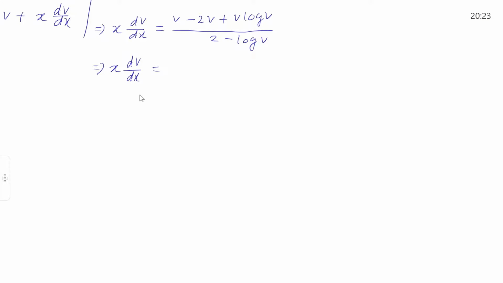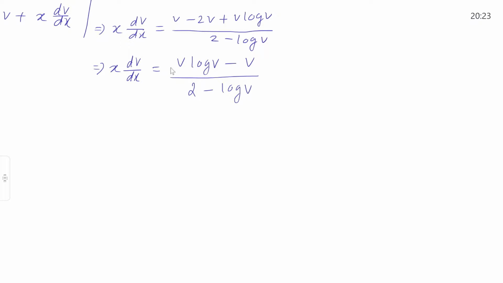x into dv dx equal to, here we get v log v minus v log v minus v, divided by 2 minus log of v.